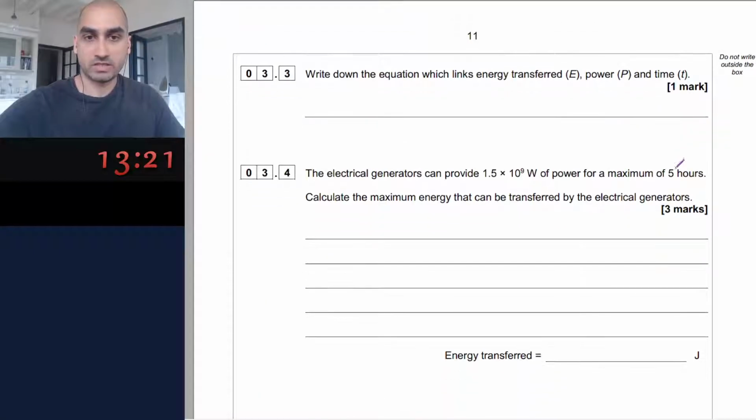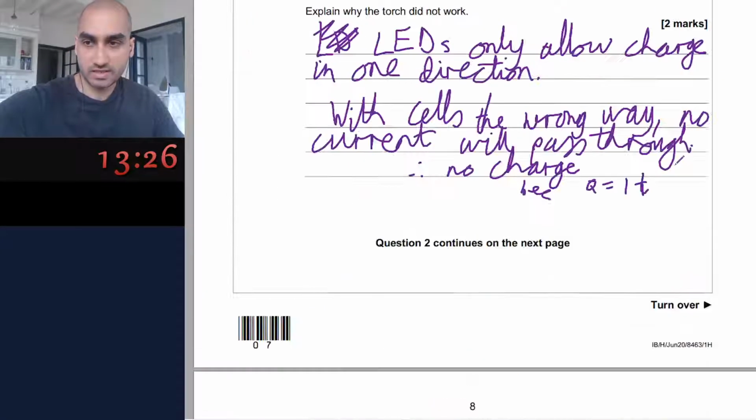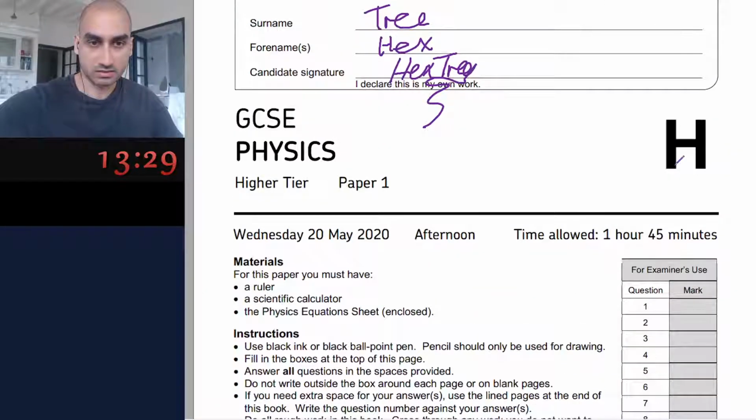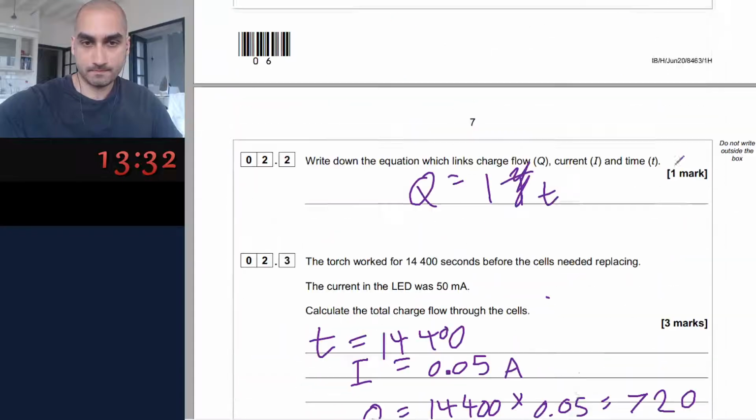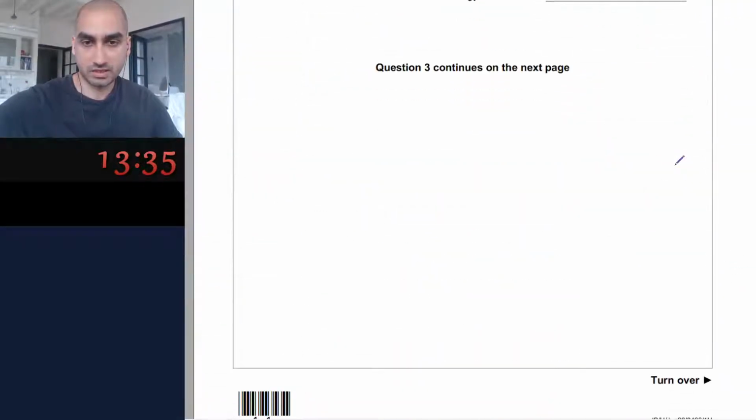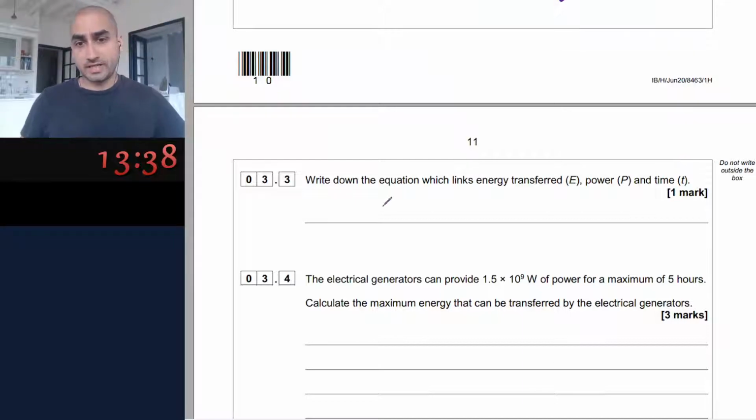Straightforward enough. Write down the equation which links energy transferred, power and time. Wait, let me just make sure this is higher tier, right? Not that I'm complaining. It might get harder later on. Okay, power is in watts, and I remember the old joke: watt is a joule per second. Like, as if you're asking the question, what is a joule per second?